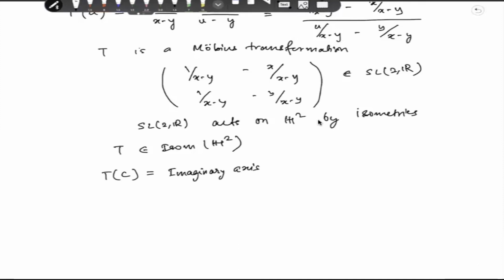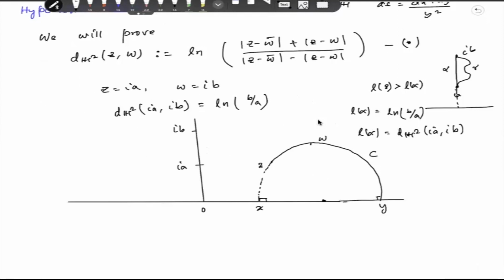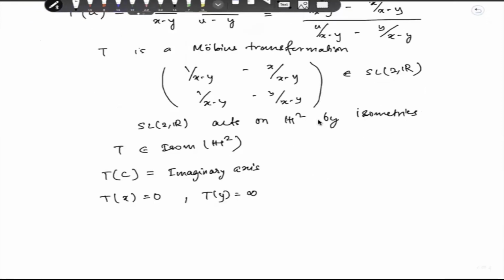Why is this true? Because T of x is 0, and T of y is infinity. T is a Mobius transformation, so it will take a circle to either a straight line or a circle. Here, x is going to 0 and y is going to infinity, so T of C has to be a straight line, and the straight line will be the imaginary axis. So T sends this semicircle to the imaginary axis.